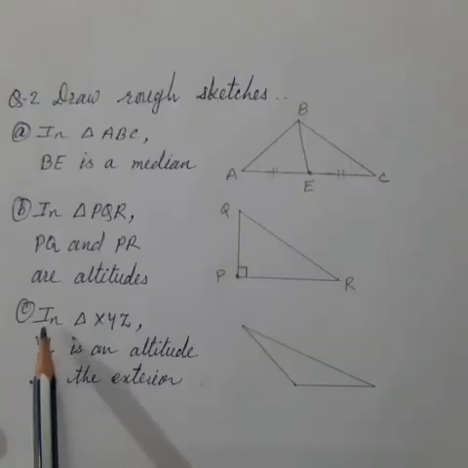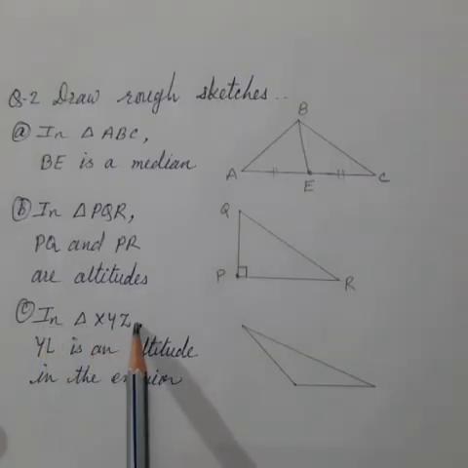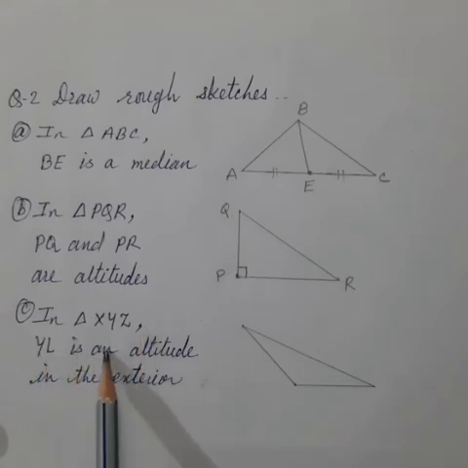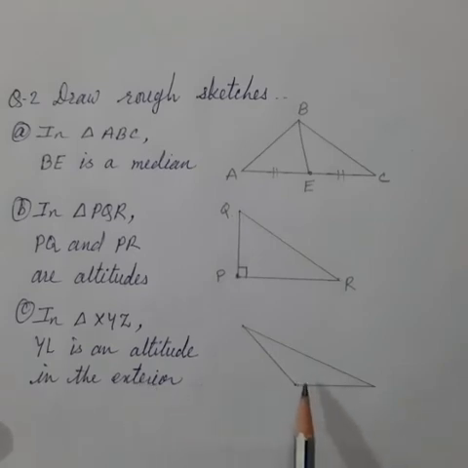Coming to C part. In triangle XYZ, YL is an altitude in the exterior. Altitude is in the exterior, and we know that in an obtuse angle triangle, the altitude is in the exterior. So draw an obtuse angle triangle. One angle is greater than 90 degrees.